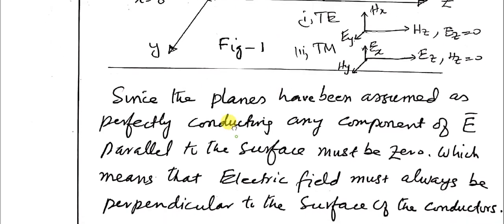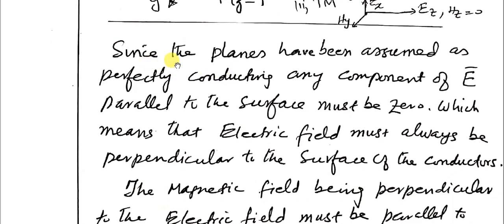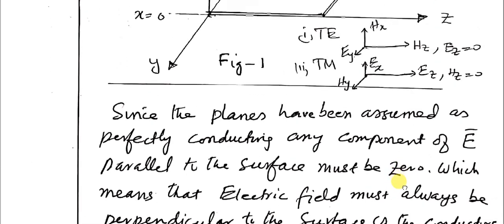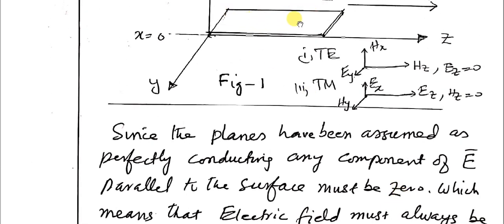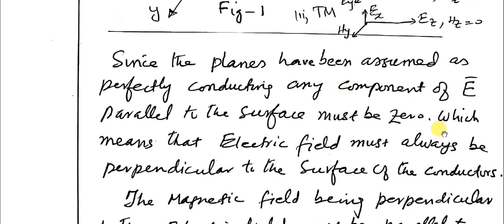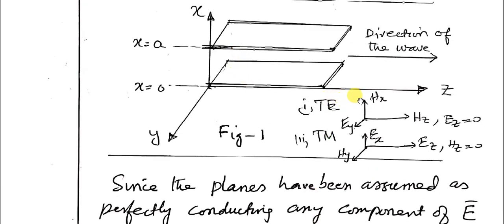Since the planes have been assumed as perfectly conducting, any component of E parallel to the surface must be 0. Parallel to the surface means the tangential part, which means that the electric field must always be perpendicular to the surface, as we have shown here.